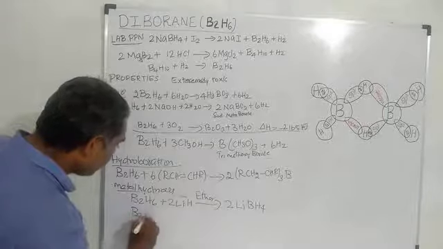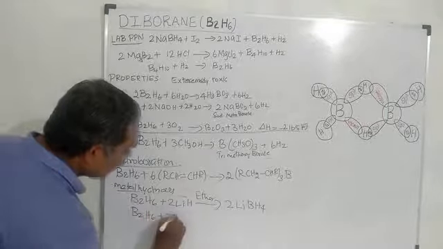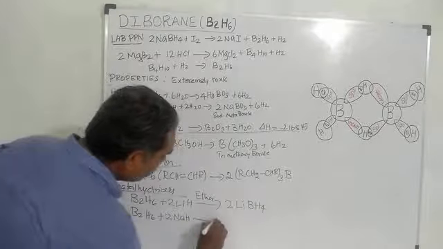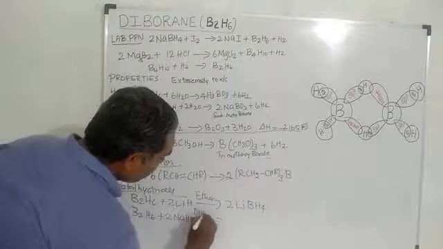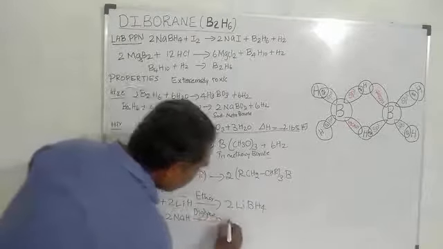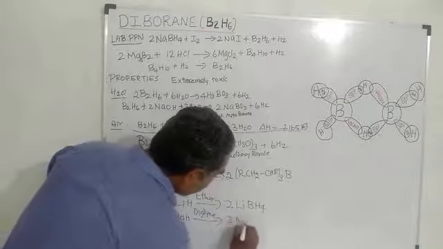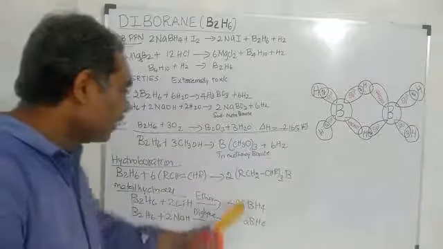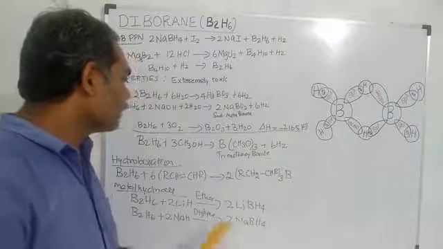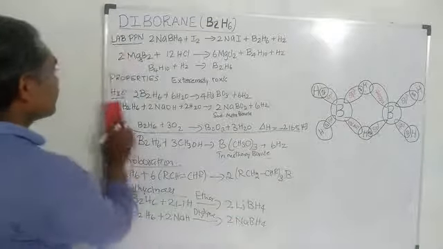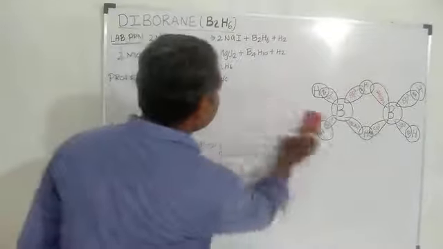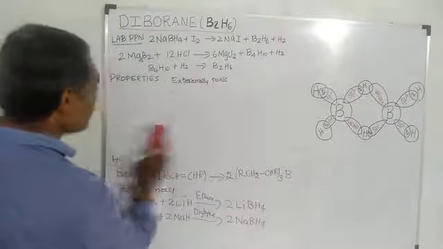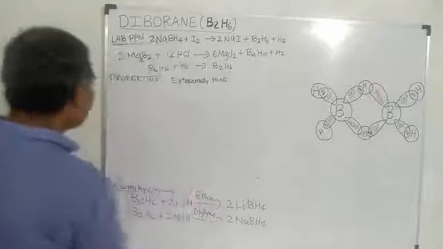Next, B2H6 reacts with 2NaH, sodium hydride, in presence of diglyme. We get 2NaBH4, sodium borohydride. So these two are used as reducing agents in organic synthesis. Very important compounds.